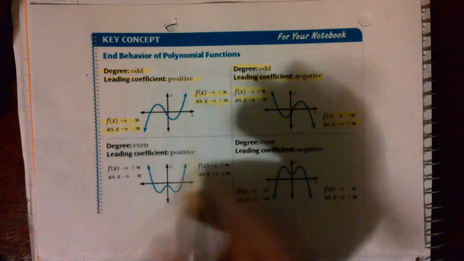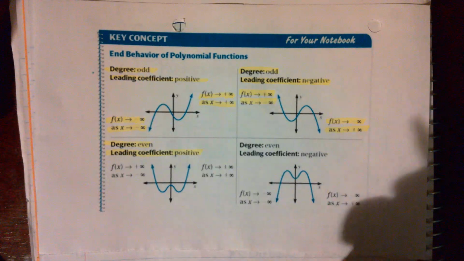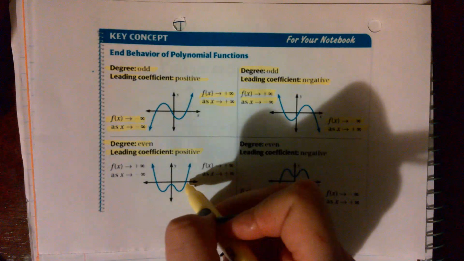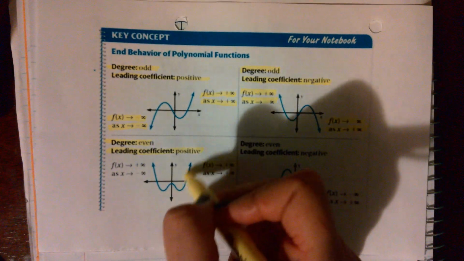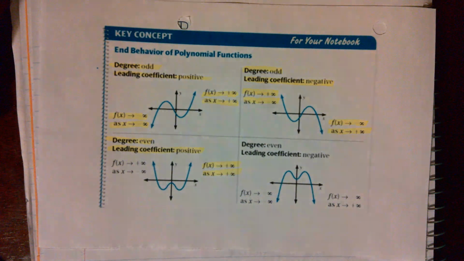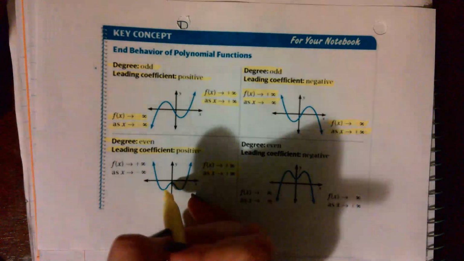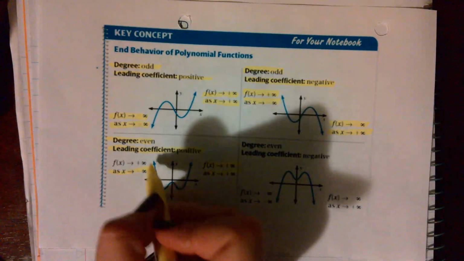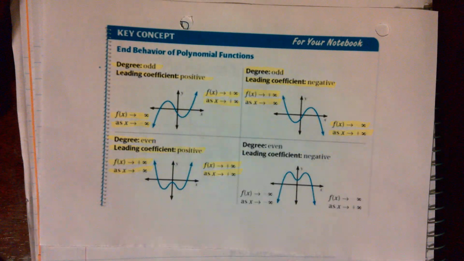If our degree is even and our leading coefficient is positive, we can expect that as x is approaching positive infinity, our function will also be going towards positive infinity. As I travel left on the x-axis towards negative infinity, our function will be traveling up towards positive infinity.